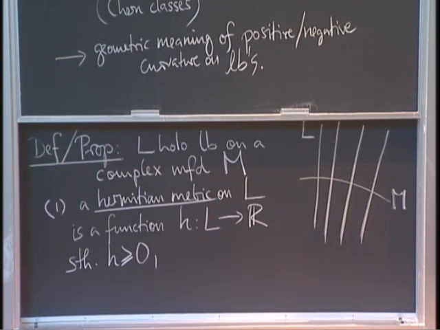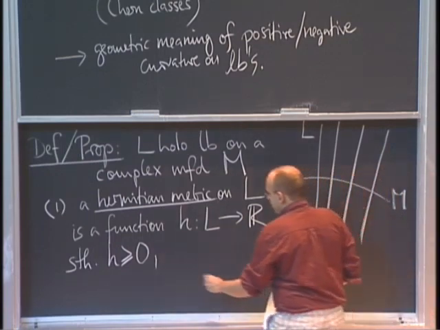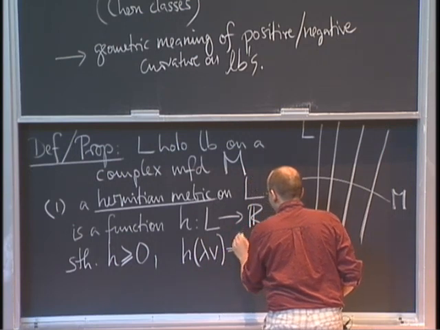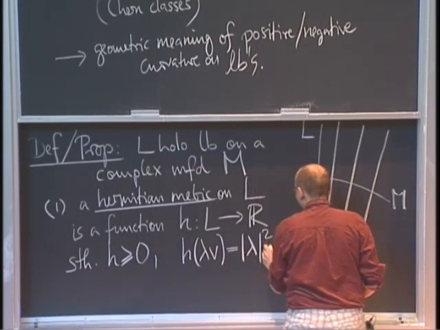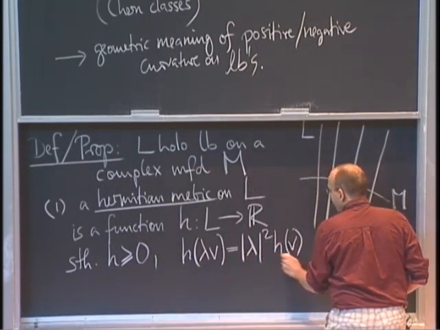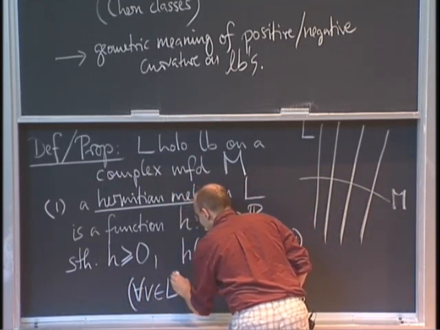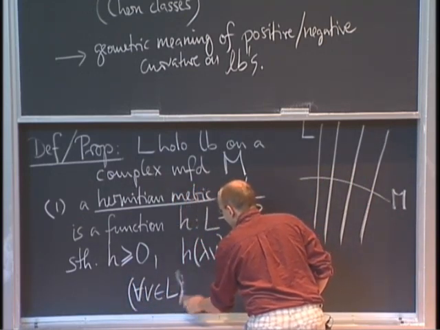If I scale my vector by a complex number, then the modulus squared of the complex number pulls out. So H of lambda V is supposed to be mod lambda squared times H of V, for all V in the line bundle and for all complex numbers lambda.